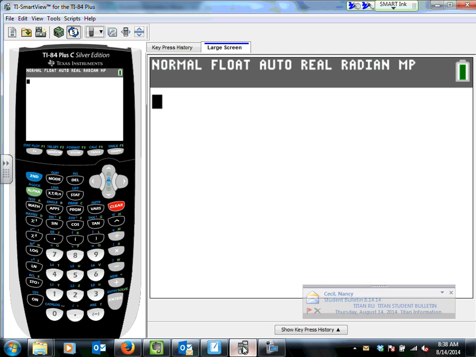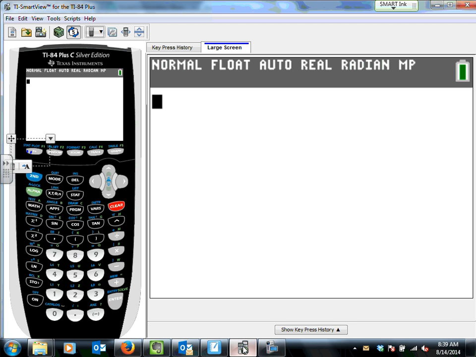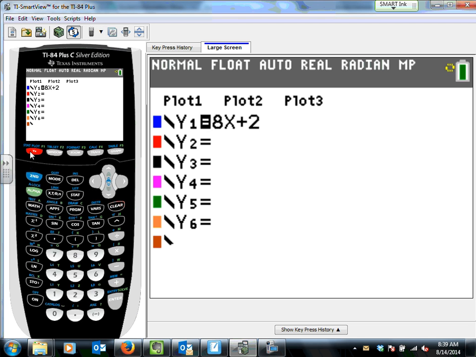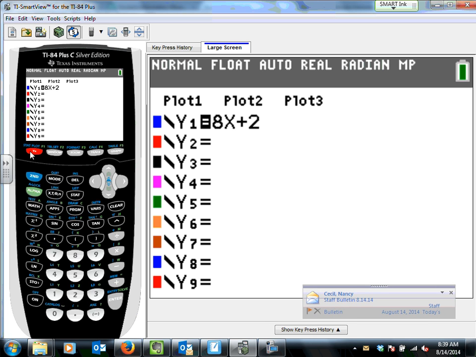If you ever want to put a function in to graph it, you hit this y equals button right here. If you have colors, you have the colored version. If not, everything still works the same. So we're going to put in a function.